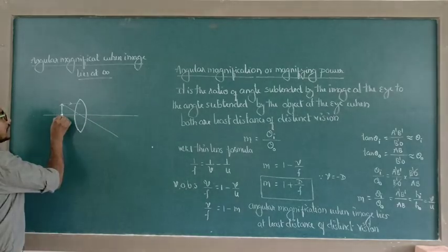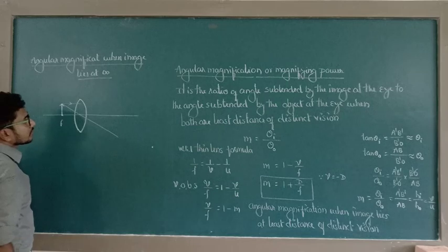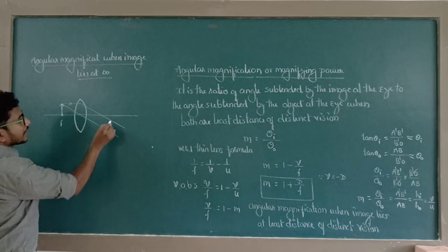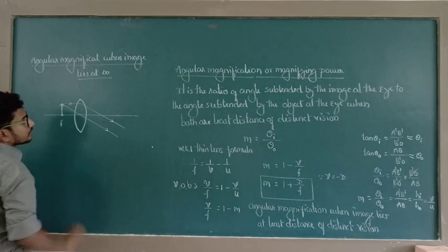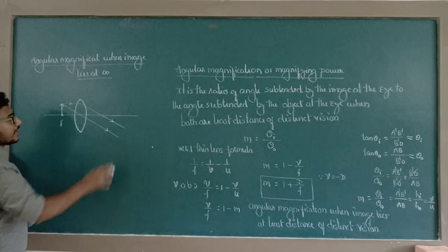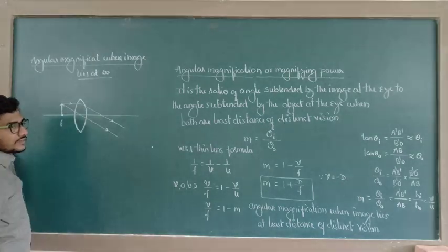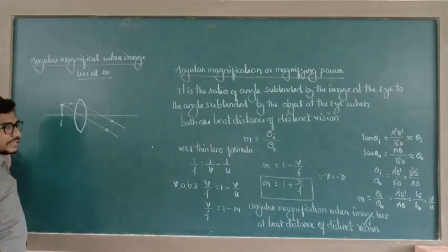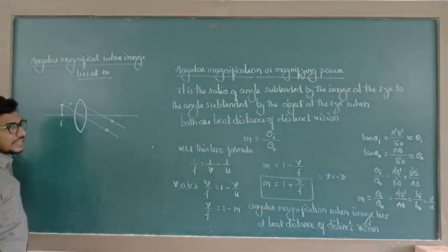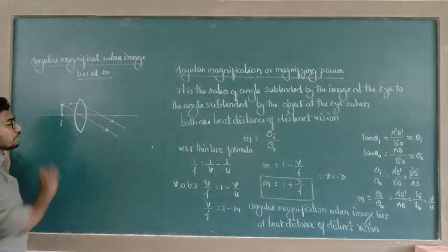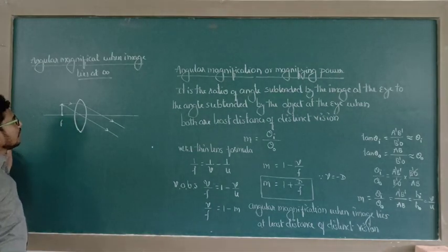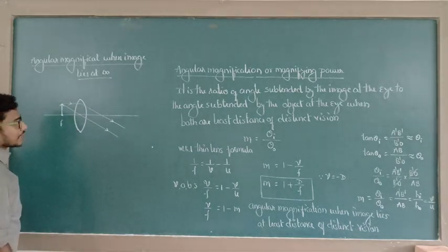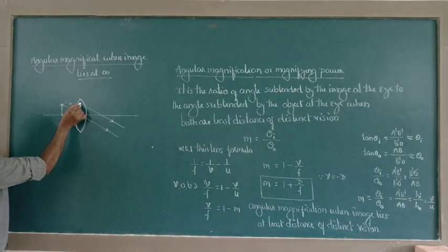So if the object is at the principal focus, then we will get a parallel refracted light beam. By proceeding these light rays, they are going to meet at infinite distance. That means we will get a real inverted and magnified image at infinite distance when the object lies at the principal focus. Or by proceeding these light rays in the forward direction or in the backward direction.